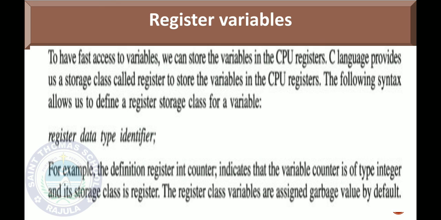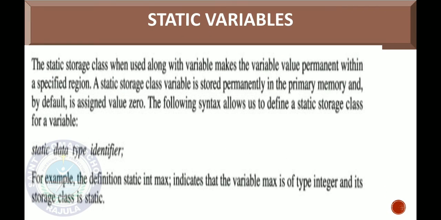Then the last storage class is the static variables. The static storage class, when used along with a variable, makes the variable value permanent within the specific region. Means whenever any variable is defined as static, the value will remain as it is.